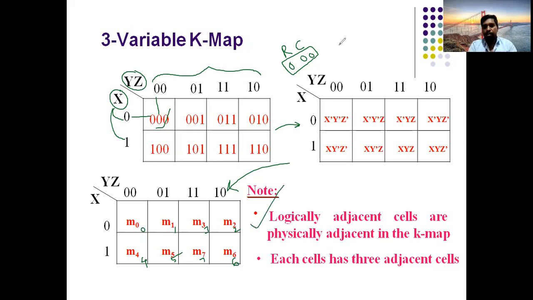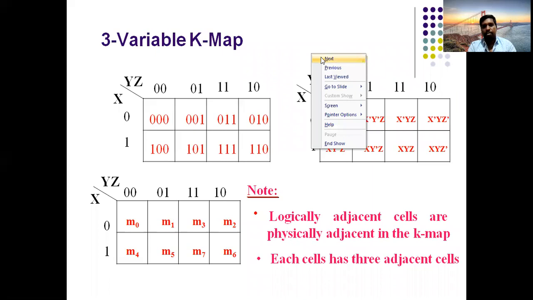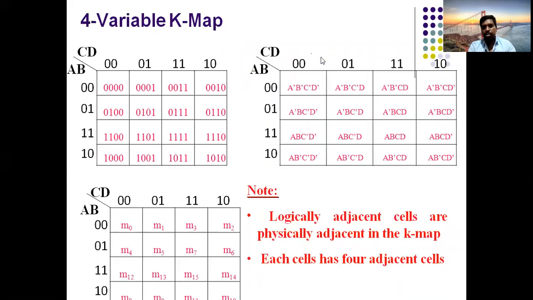Now go with the next one, the 4 variable K-map. The same concept. In the case of 4 variables, first assign the 2 input variables for rows and the next 2 input variables for columns.